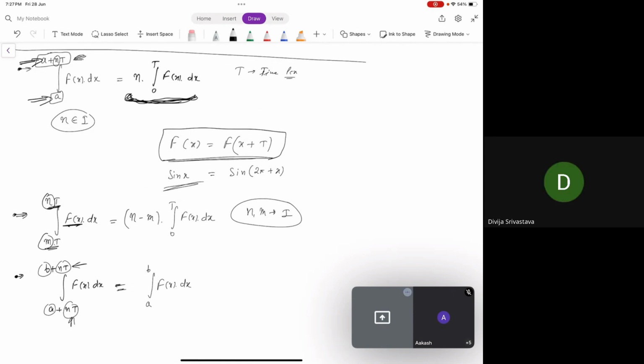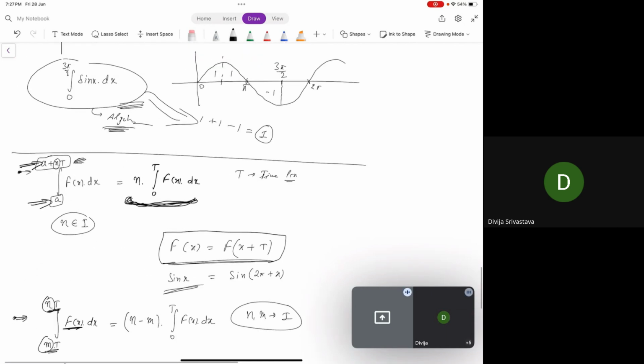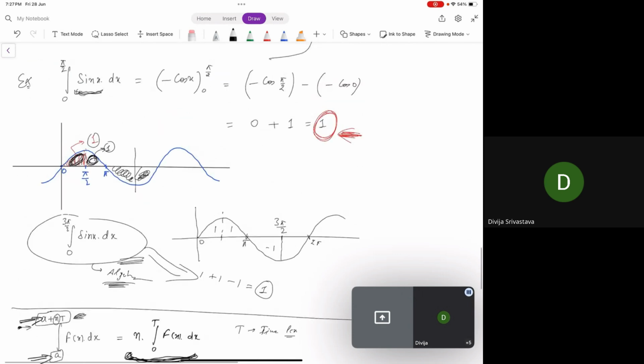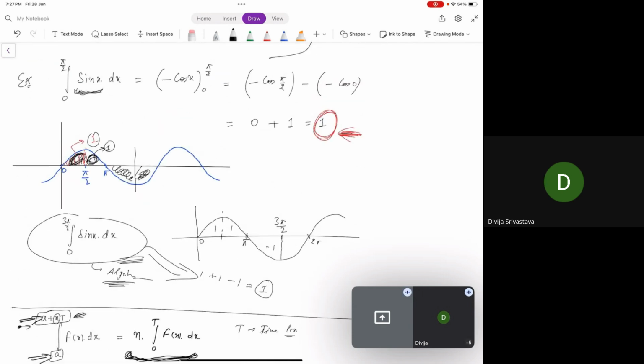Sir, could you scroll up a bit? Scroll up or down? Up. Yes, here. Okay, this part is actually the starting part of differential integration. I wanted to note it down because I got distracted.